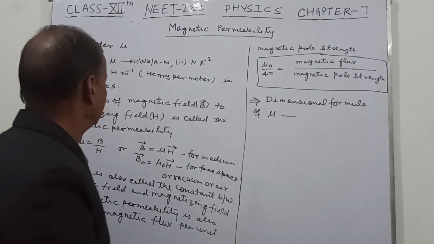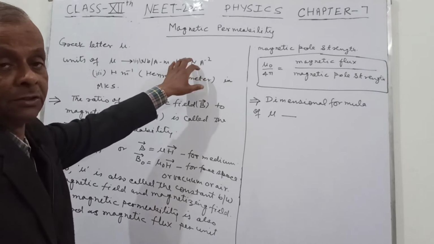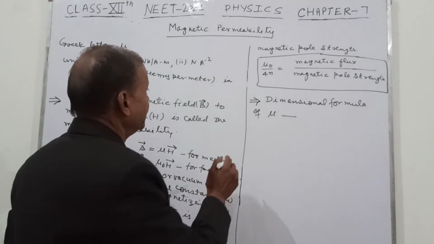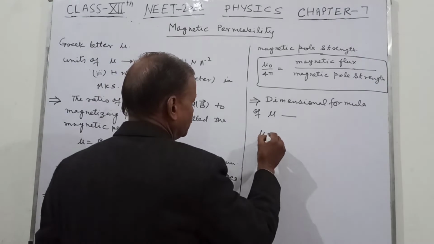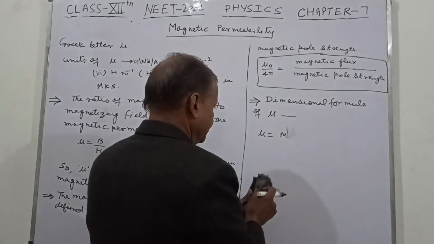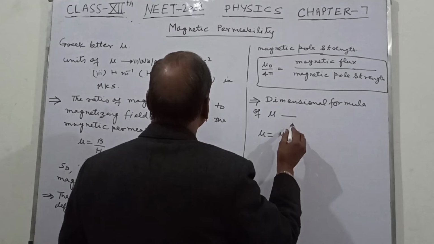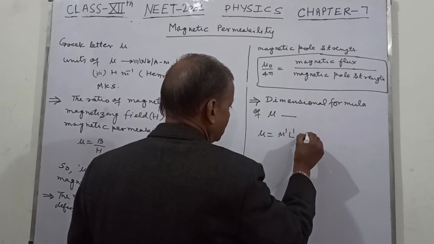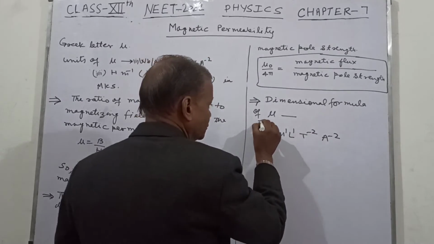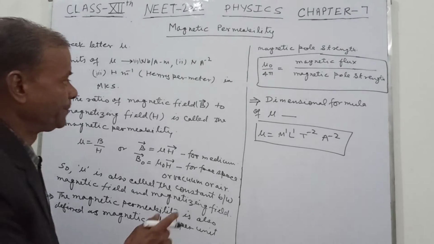So what we have? We are having the unit is Newton per ampere square. This is now the smallest unit in the case of this one. So we can have this mu equal to M1 L1 T minus 2 A minus 2. This is the dimensional formula.